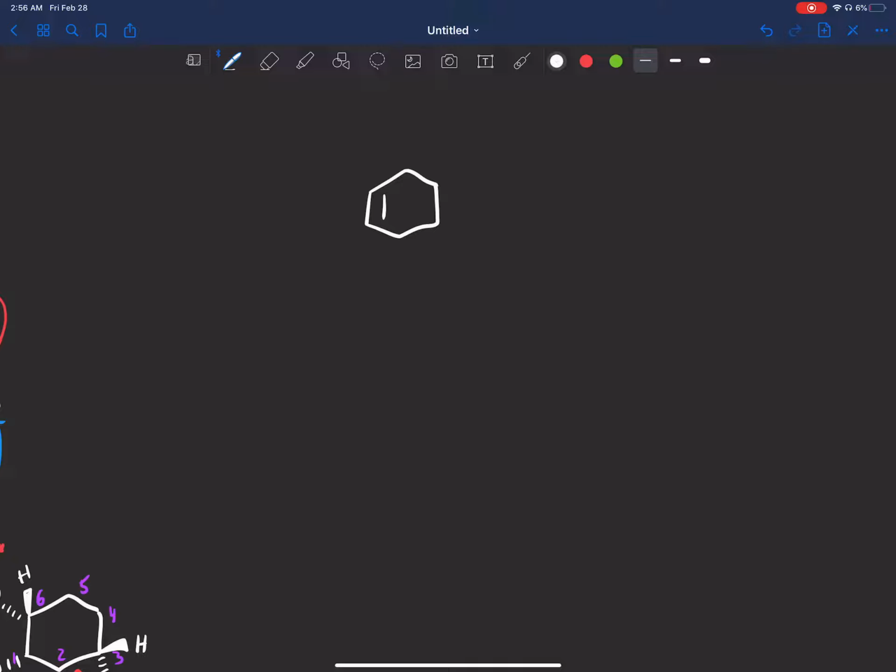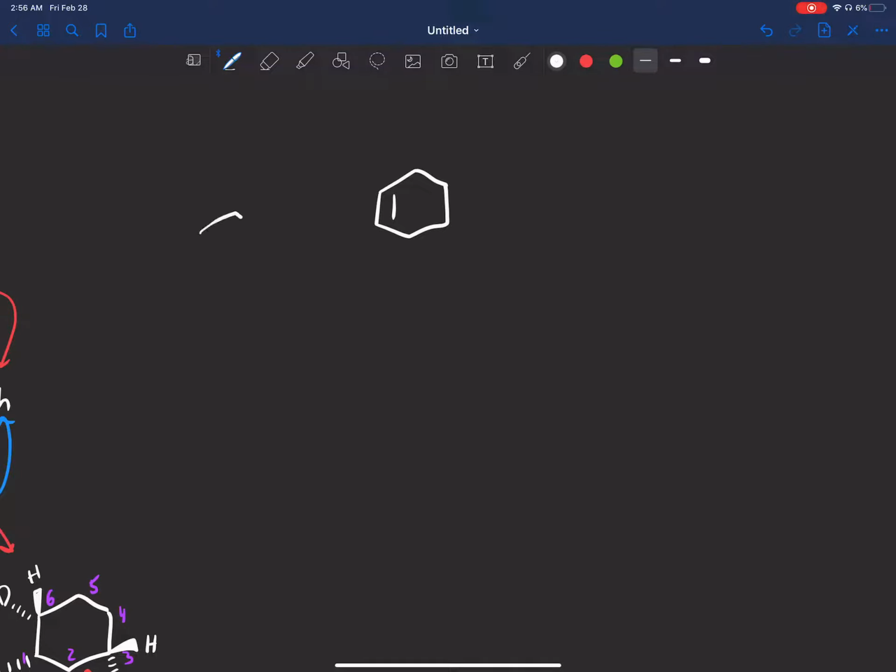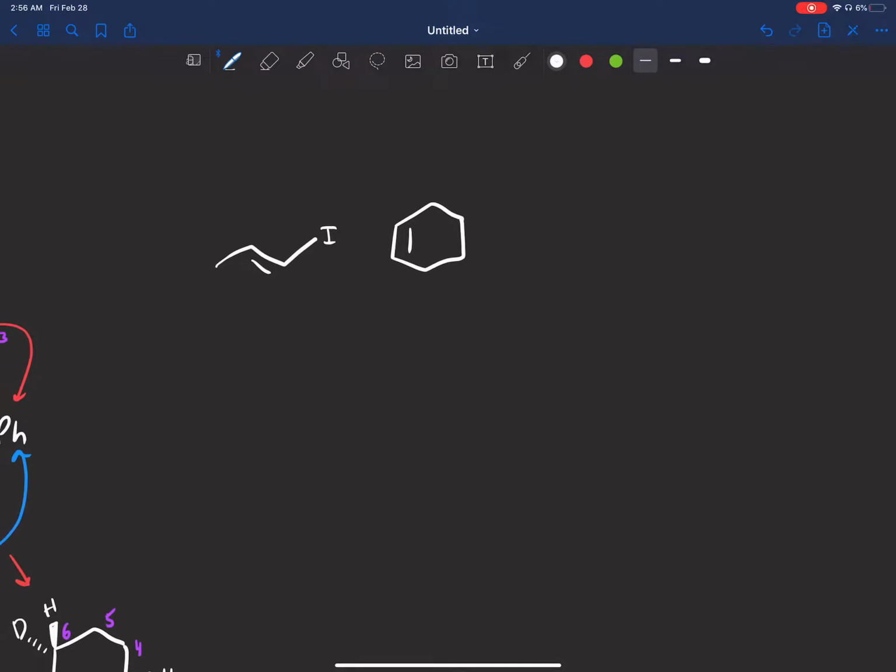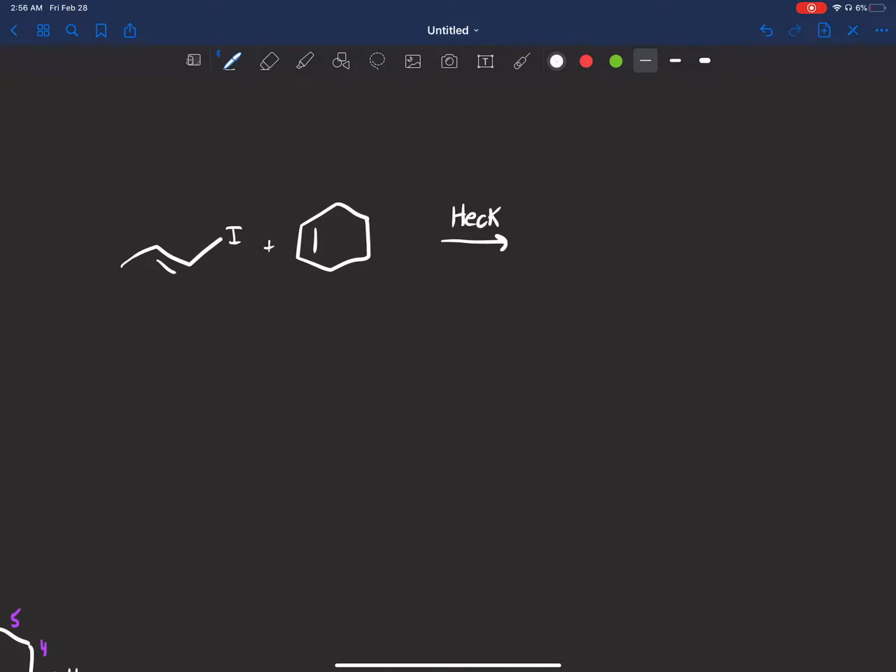I have the cyclohexene, and here's my carbon with my compound with the leaving group, right, and my vinyl group. And we're going to do the Heck. We just talked that this reaction is going to give us this product, right?